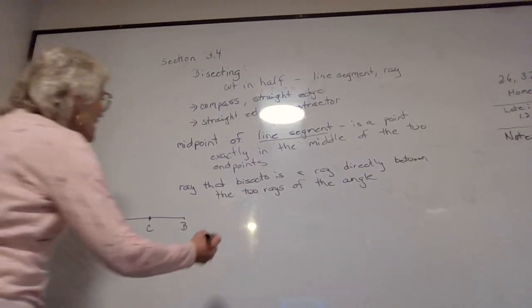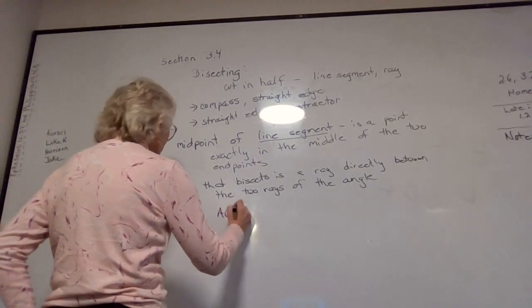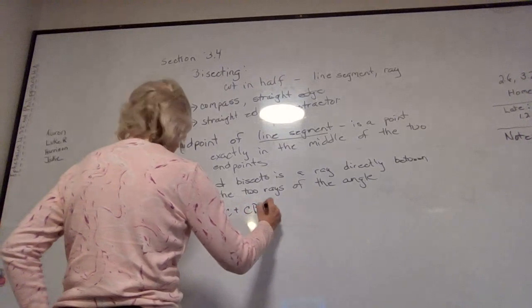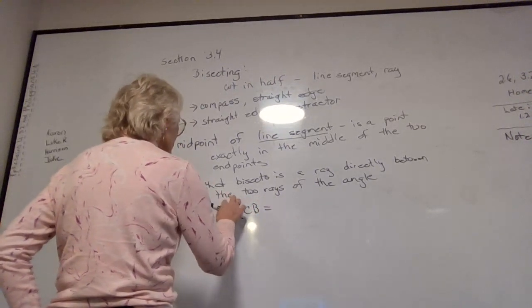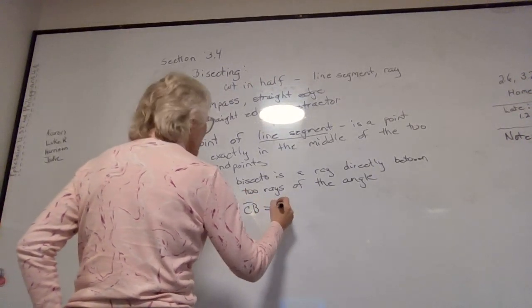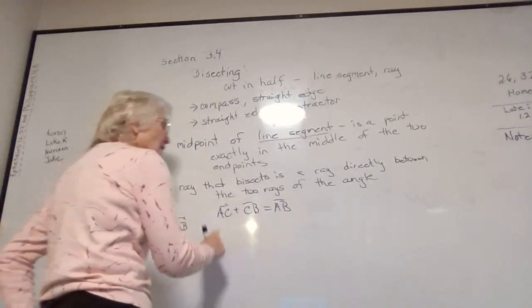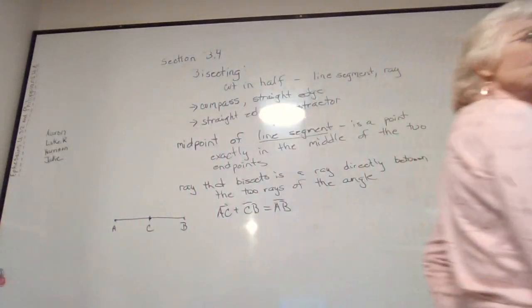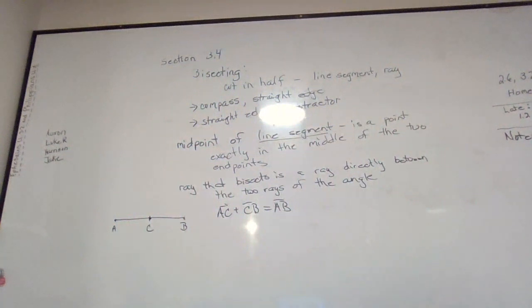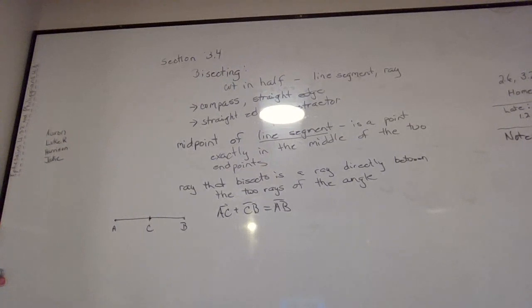Okay, we do know that. AC plus CB does equal AB. Yes, you add them together and they do equal AB, the length. I agree with that. What else do we know?